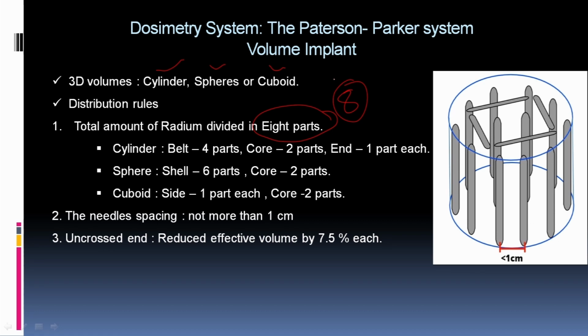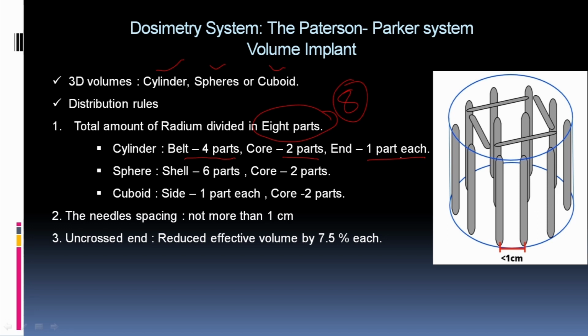Now, a cylinder has 3 types of part. One is the belt, another is the core, and we have 2 ends. So, in the cylinder we need to put 4 parts out of 8 in the belt, 2 parts out of 8 in the core, and 1 part for each end.